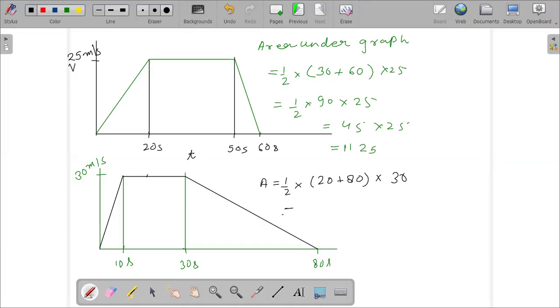So you get 100 multiplied with 15. So its total distance traveled is 1500 meters. Okay. So those who are doing by the acceleration method, the analytical method, you should also be getting the same answer, 1500 meters. Is it?